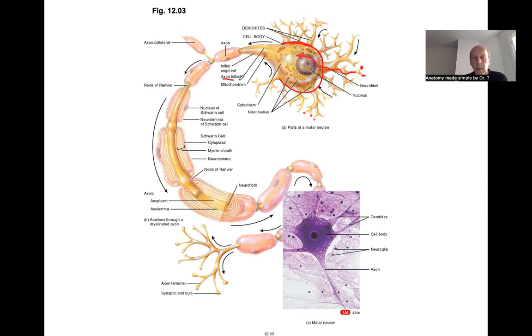At the axon hillock, it will be determined if this cell will generate its own signal, action potential, or not. Because if we have the same number of inhibitory and stimulatory stimuli, basically they're going to just cancel each other out.